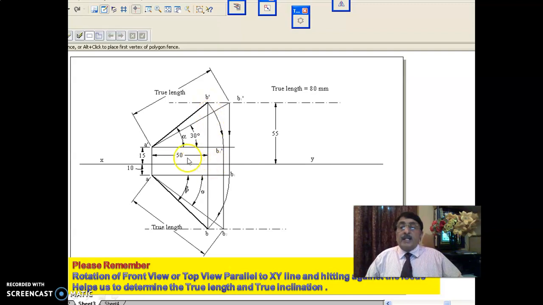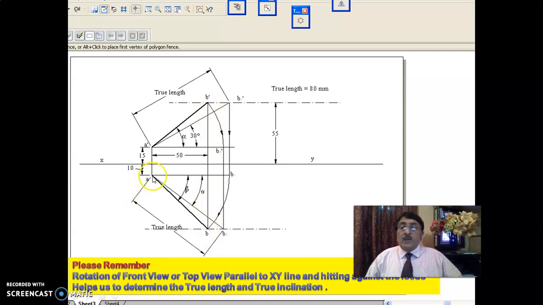Distance between end projectors means the projectors from A and A dash, and from B and B dash, measured parallel to the XY line. When it is given as 50 mm, you get B dash here. Then you come down.